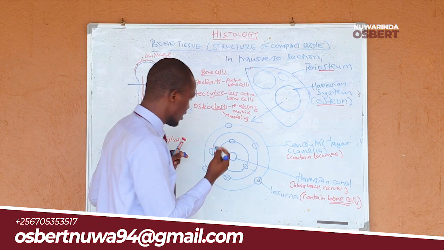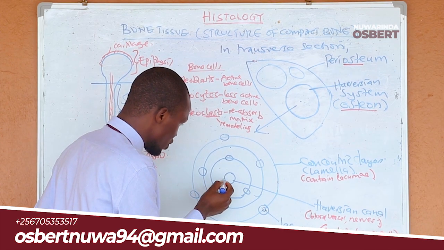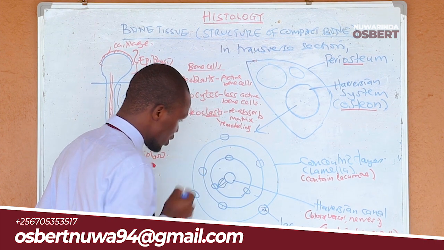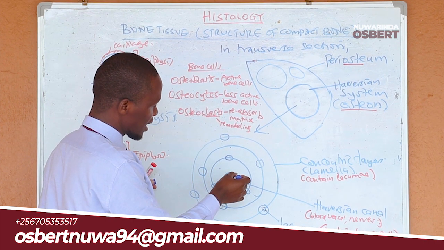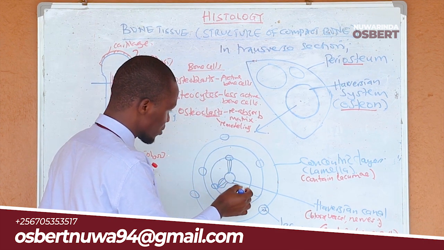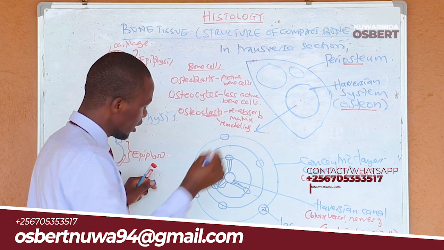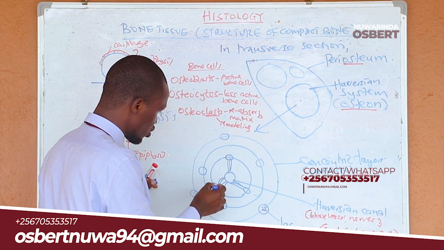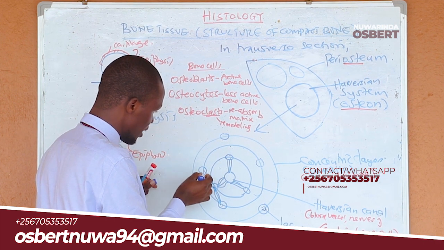What are those structures? We have structures with canals which connect the Haversian canal to this lacuna, likewise to this lacuna, and likewise to this one. And from here we have a connection with that one, and then with that.